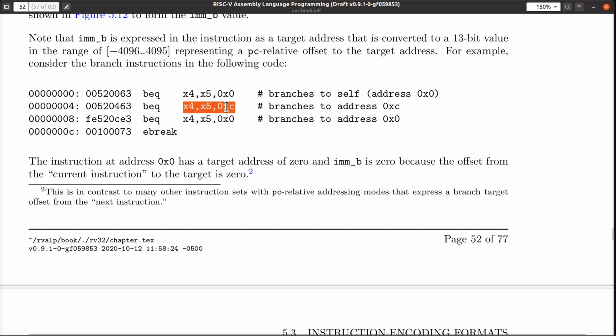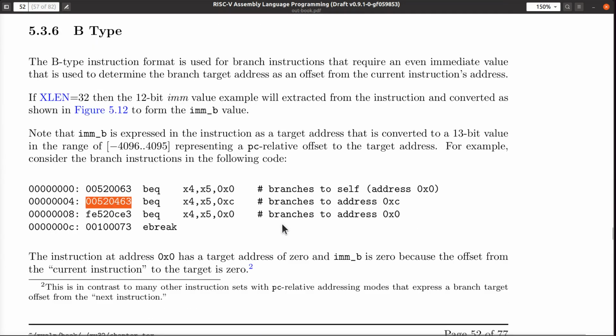So, again, if you look closely inside this instruction in here, in order to get to address C in hex from this instruction, when this condition is true, there has to be an 8 hiding in here somewhere. All right? So let's look at what this is. You get 00520463. Now, I think we can sort of see what's going on without even looking at all the unwinding down here in this diagram, okay?